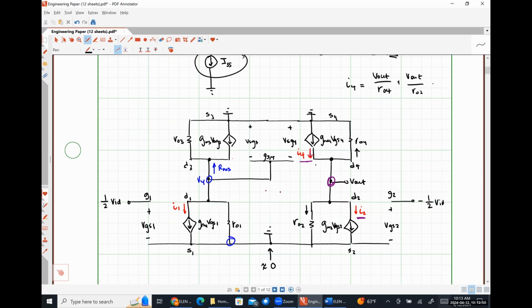And then we also have a current of I2 flowing out.